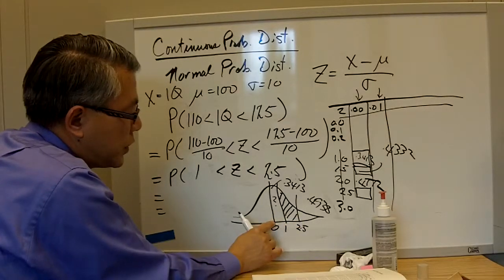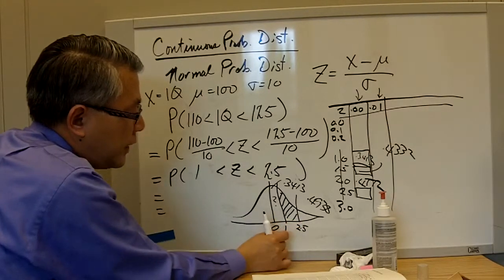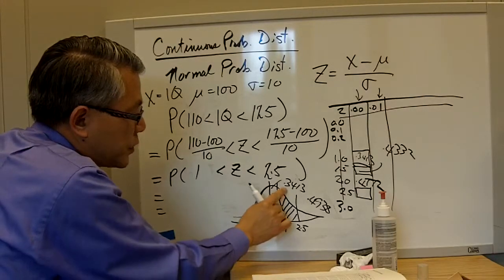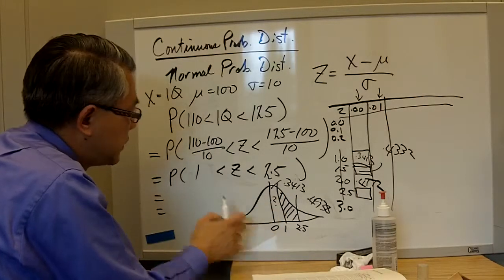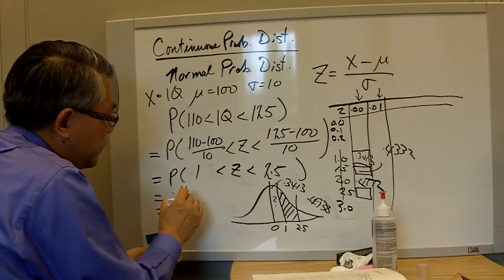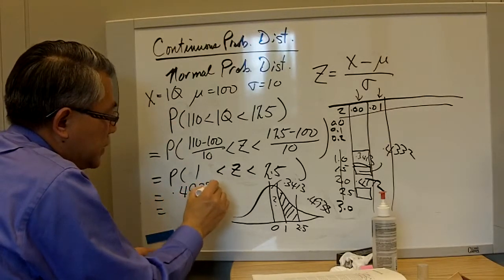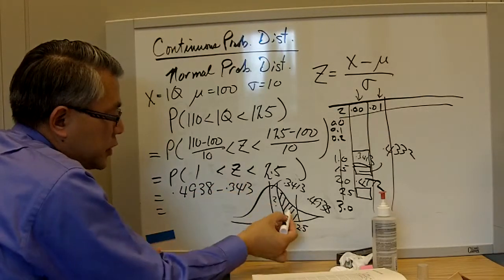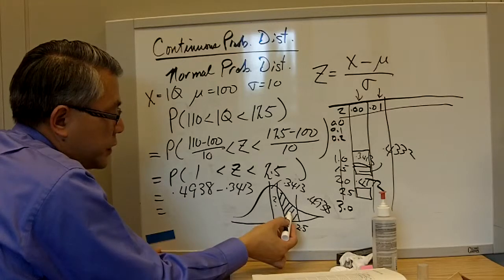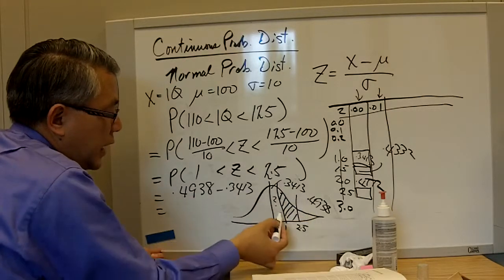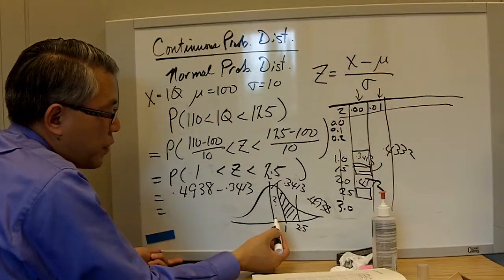What we want to know is the area from 1 to 2.5. We already have the piece from 0 to 1, which is 0.3413, so the answer to the question is equal to 0.4938 minus 0.3413, because this shaded area is the difference between the bigger area, 0.4938, and the smaller piece, 0.3413.